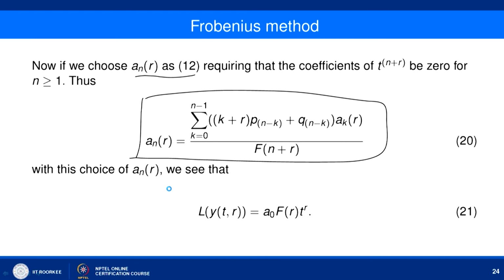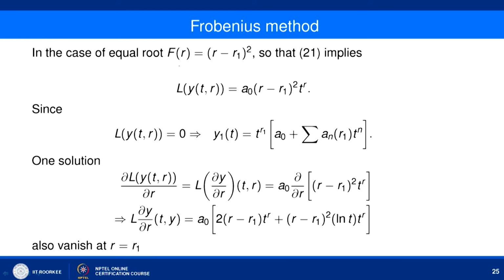Once we have made this choice, we have L of y(t, r) equal to a_0 F(r) t to the power r. Now, we know that in case of equal roots F(r) is given as (r minus r1) whole squared. So, I can write our previous equation as L of y(t, r) equal to a_0 (r minus r1) squared t to the power r.